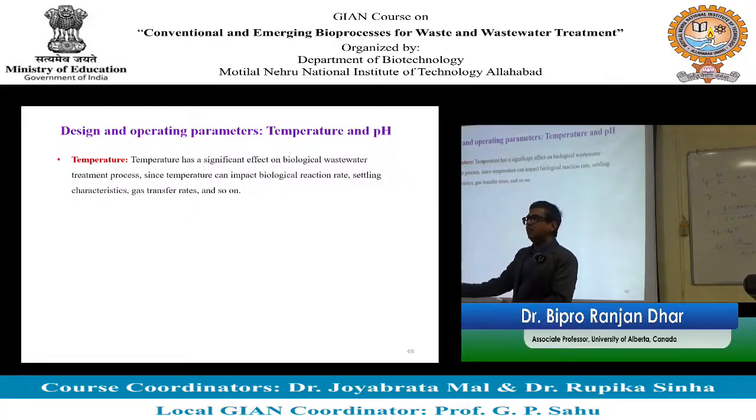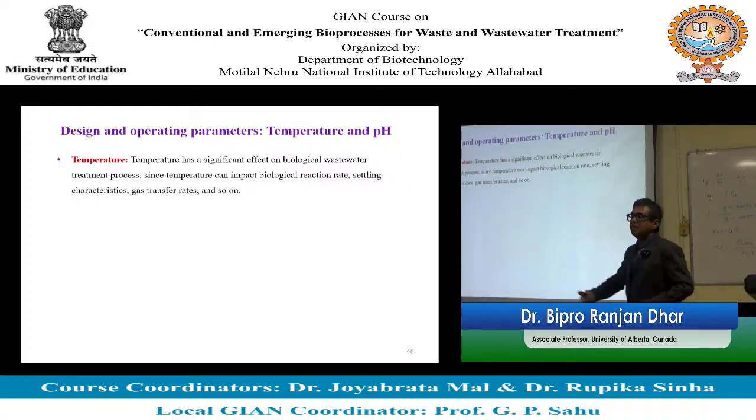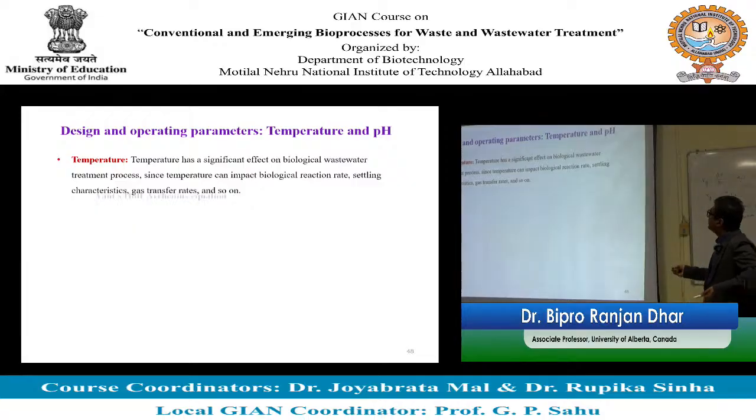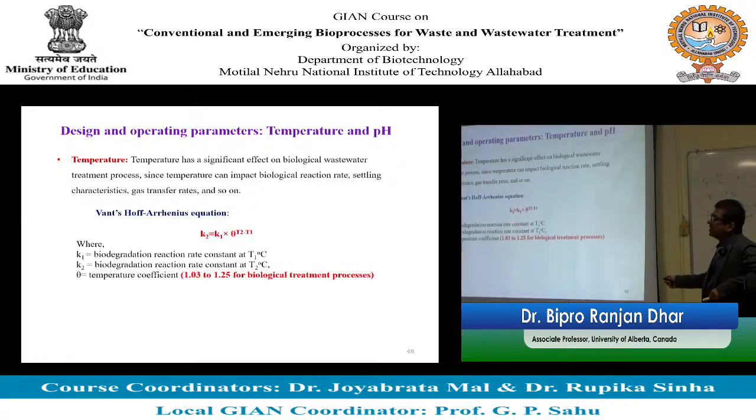What are you going to do? You cannot just directly use them. You have to estimate new kinetic parameters using the Van't Hoff-Arrhenius equation, like the one we used yesterday for BOD calculation. We can use the same thing here.